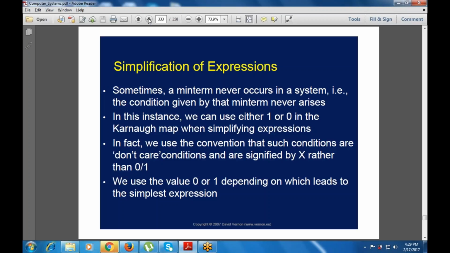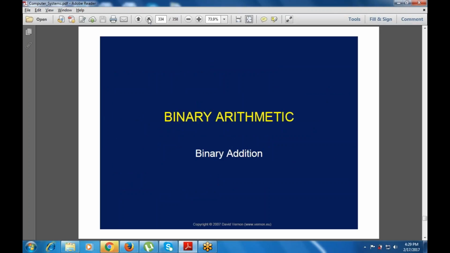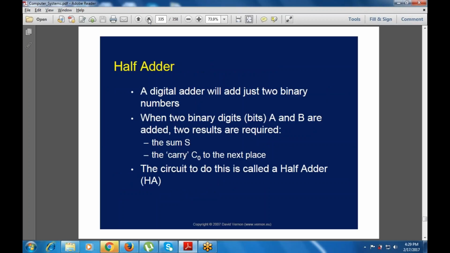Why is there a cross sign? Because the condition is that there is no condition, or such a condition is known as the don't care condition. So we use a value 0 or 1 depending on which leads to the simplest expression. That means we put the x, so we can either put 0 or 1. That depends.